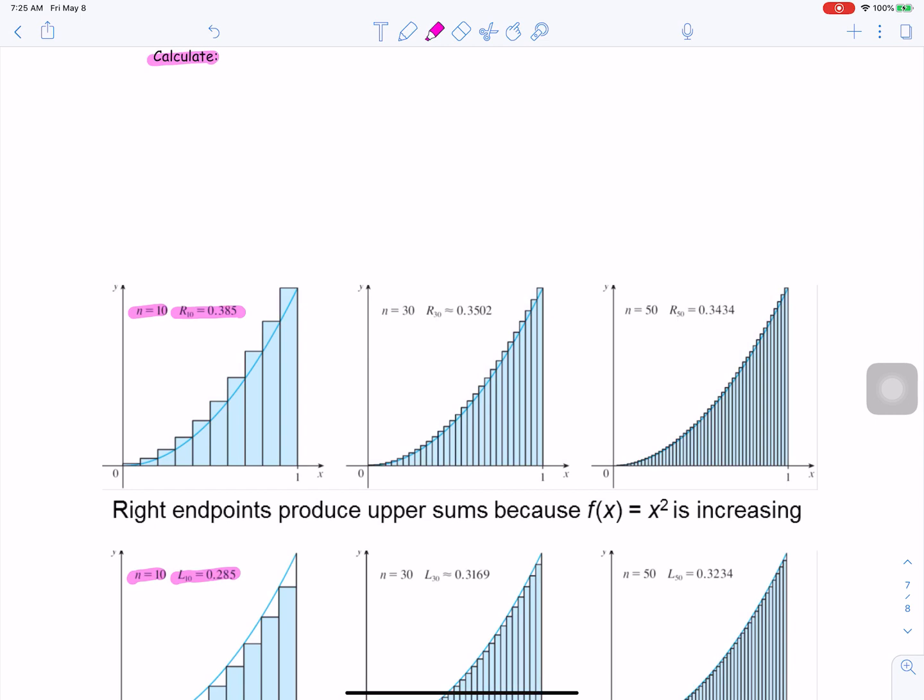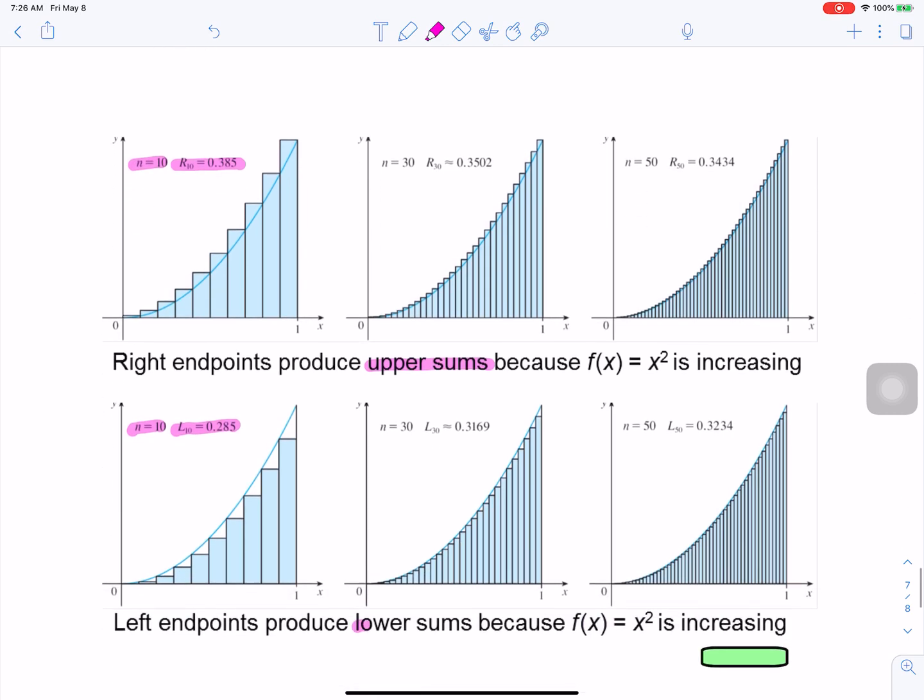Now you can see that the rectangles on the top here have extra area over top of the function, so these are upper sums. These are bigger than the real answer. And these ones are lower sums because they're lower than the real answer.